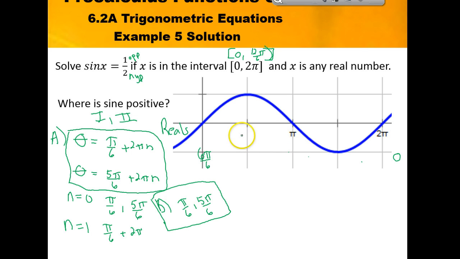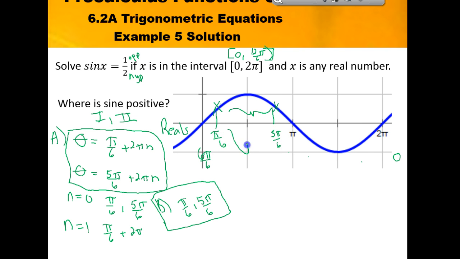Okay, so the distance between here and here, where it equals a half, roughly. We were talking about what that distance actually might be. This value right here is pi over 6, and this value right here is 5 pi over 6.